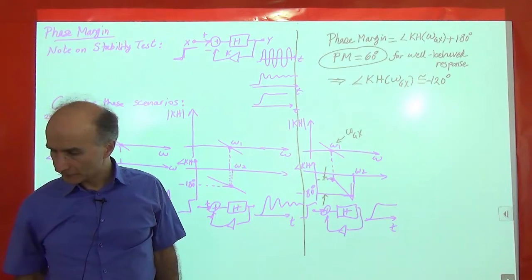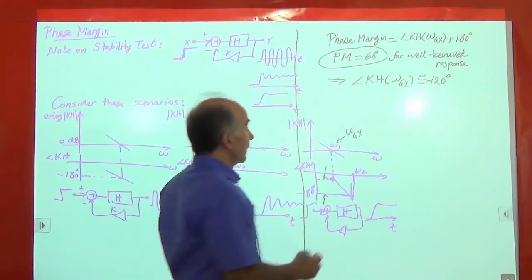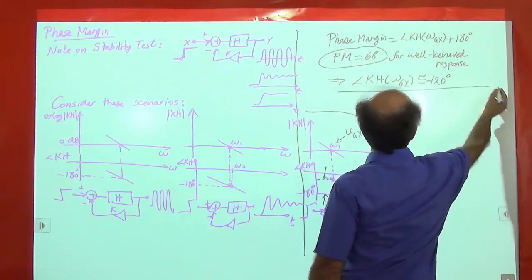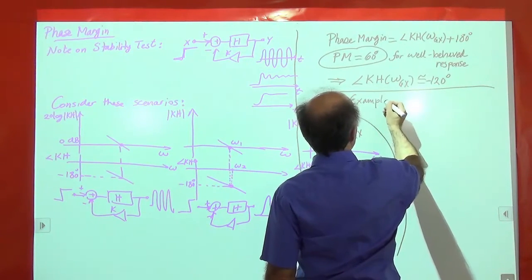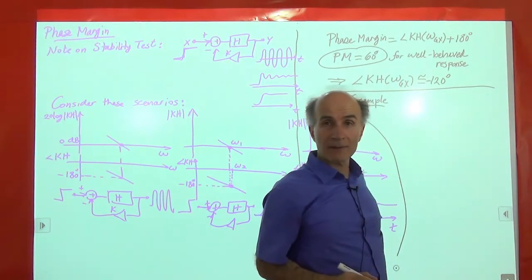Let's see. Okay, I wanted to give you one example to see how all of these ideas come together. So here's an example. Remember the one-pole system that we looked at last time?